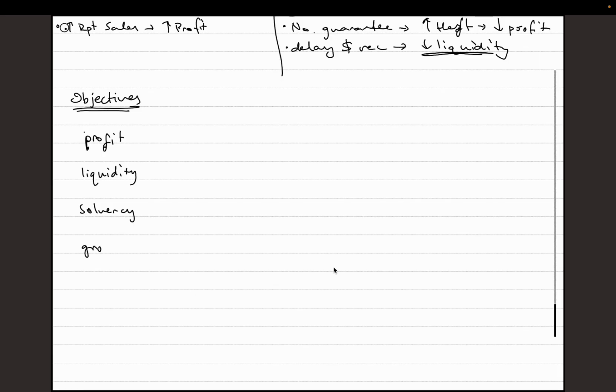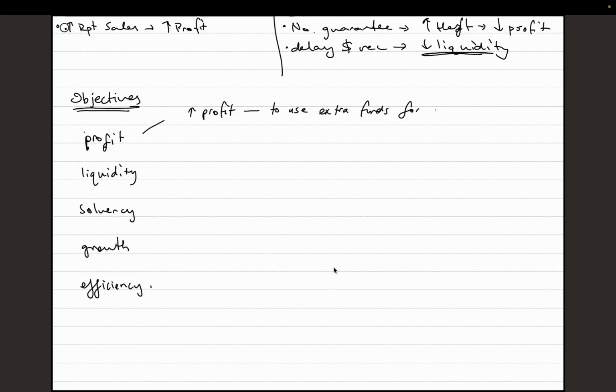We have growth, and we have efficiency. So when we have increased profit, we can actually be more specific, and we can say increased profit, allowing the business to use extra funds for activities such as R&D. So we're getting really specific there.